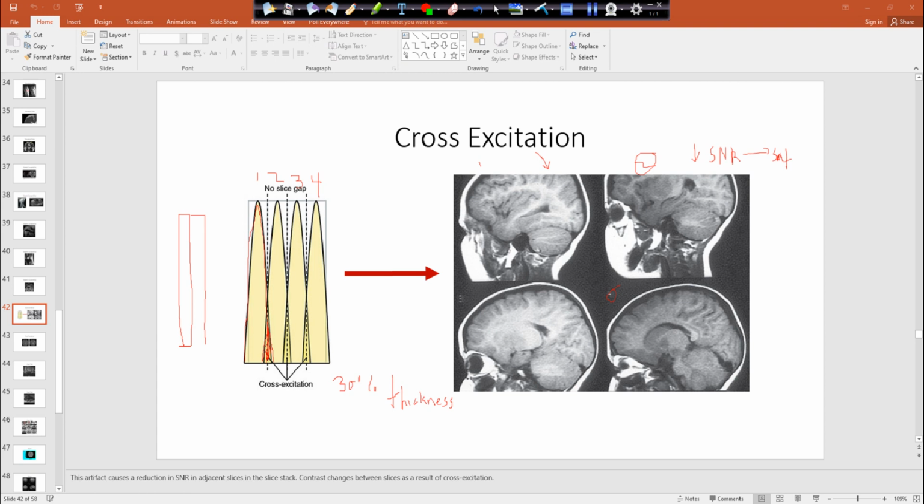Sounds good. Somebody's good at math. And that's why you generally see those 1.5. The distance between the slices is sometimes called the slice gap, and we need 30%. What's another way that we can remedy for this?